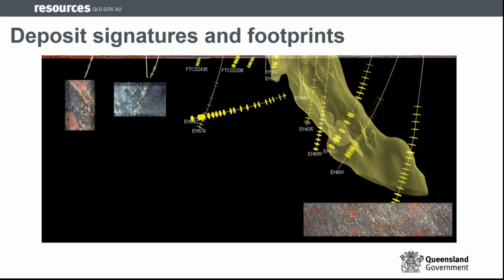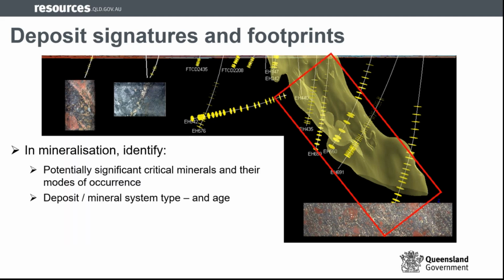So the logic of this entire exercise of deposit and mineral system characterization is to characterize what's happening inside deposits, what happens in the alteration zones, and focusing on characterization in mineralization: what's in the ore, what is the geochemical and mineralogical signature of ore, what is the mineralogical and geochemical signature of proximal alteration.